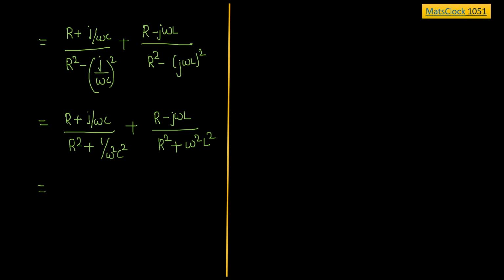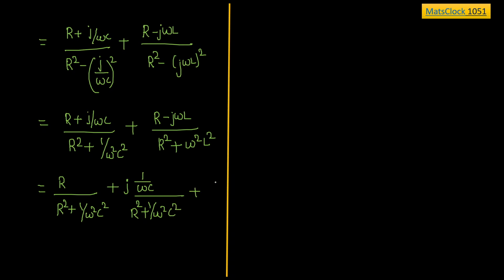Now it is very easy to break the real part and the imaginary part. Let me break it. The real part of the first term can be written as R upon R square plus 1 upon omega square C square. The imaginary part of the first term is j times 1 by omega C upon R square plus 1 upon omega square C square.